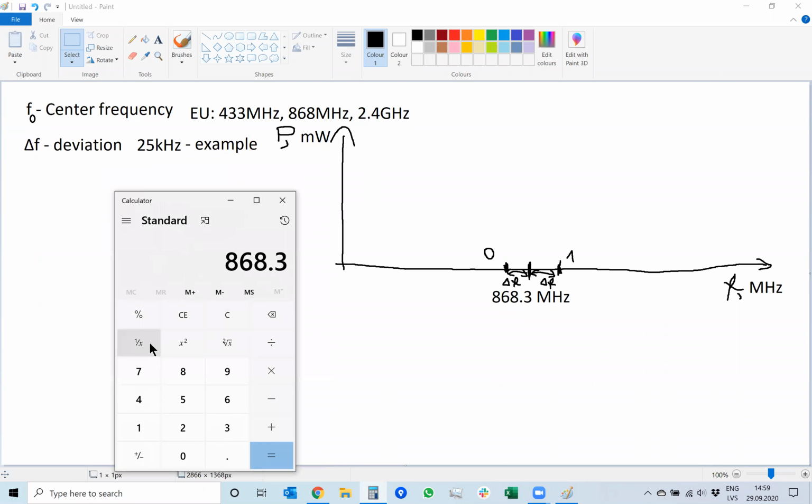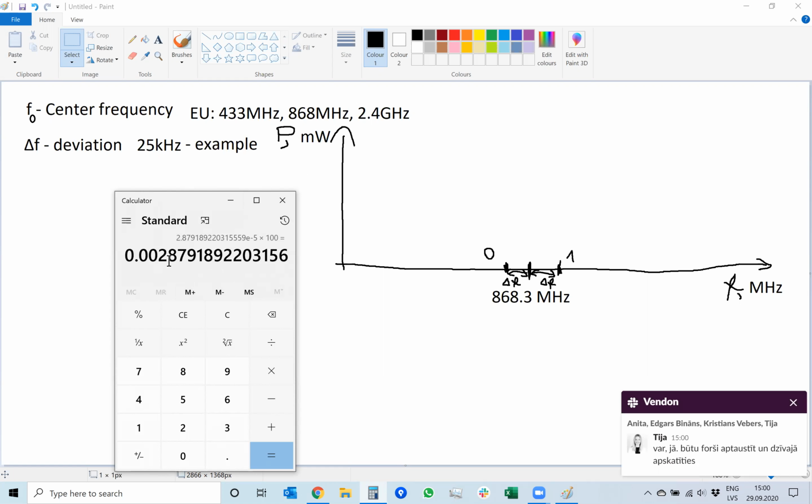Okay, so 25 kilohertz divided by 868.3 megahertz, so it's 300 kilohertz times 100. So deviation is 0.003% of the center frequency.